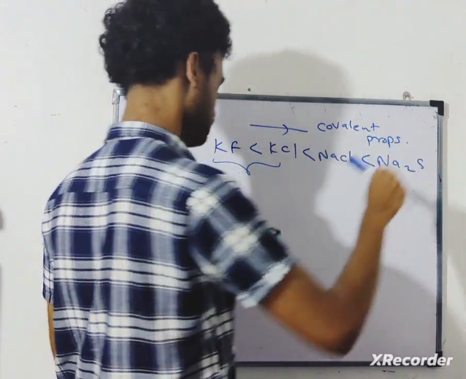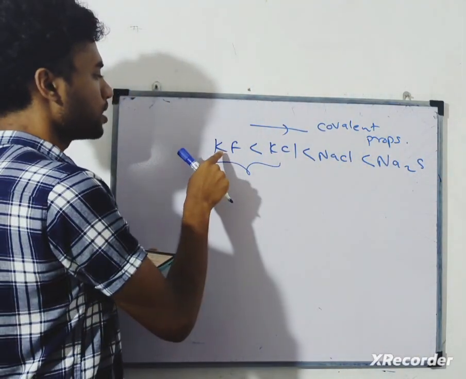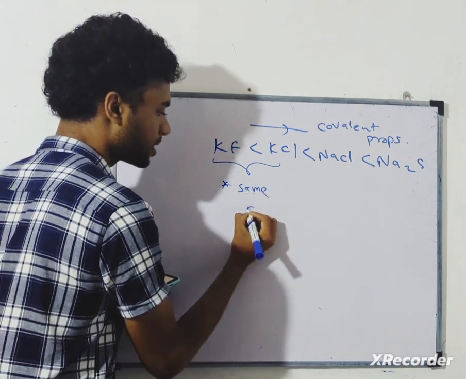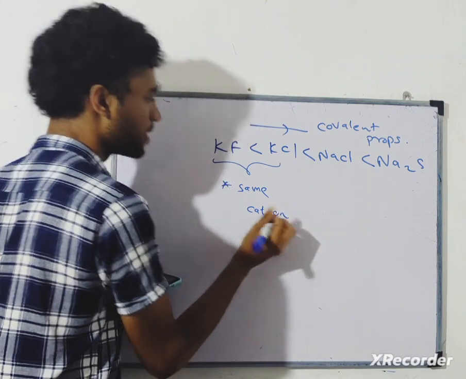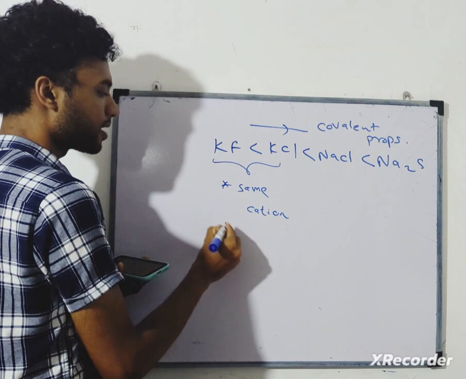In this direction, covalent properties increase. We have the same cation, potassium plus, but the anion is different.